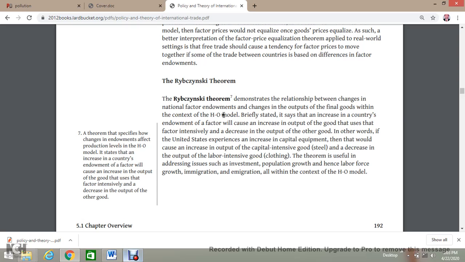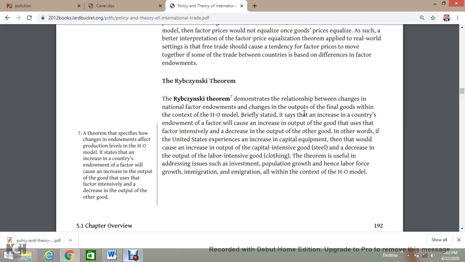Let us understand what this theorem states. This theorem demonstrates the relation between change in national factor endowments and change in the output of final goods within the context of the Heckscher-Ohlin model.